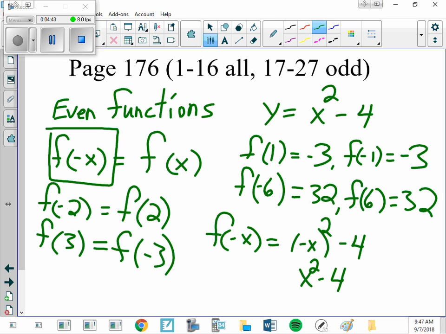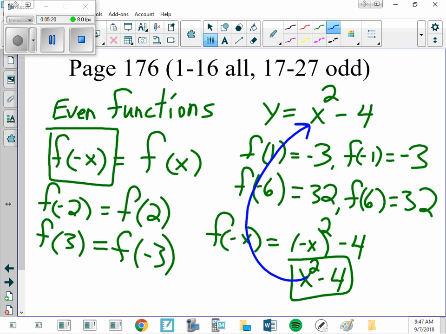Right? And what do you notice about this? That is the original function. Does that make sense? Right. So the definition of an even function is if you plug in negative x and simplify, your result is exactly the same as the original function. Okay? That is the difficult definition.